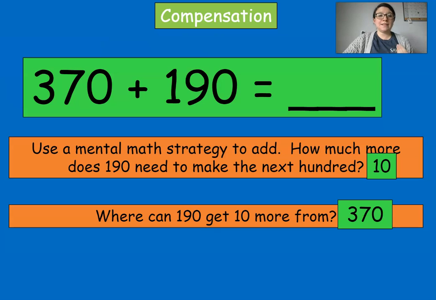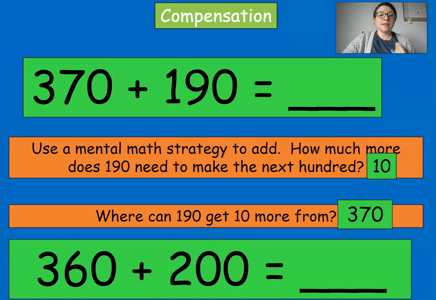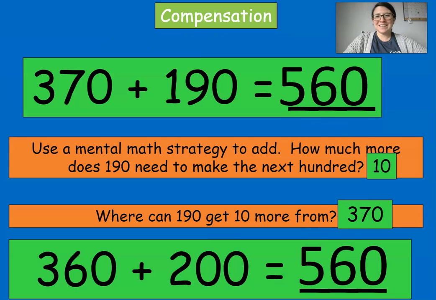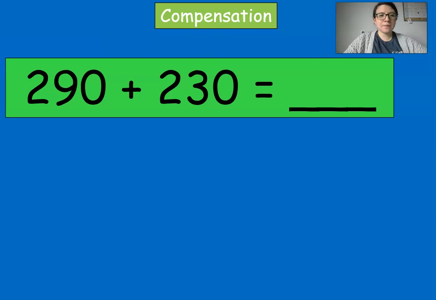Remember, we're taking the 10 away from the 370. Good. It's going to be 360 plus 200. So whatever we do to one, we have to do the other. And when we're doing addition, if we add to one, we take from the other. So 360 plus 200 is going to be 560. Nice job.